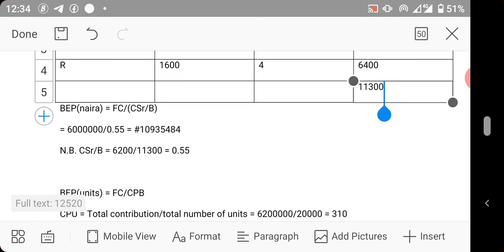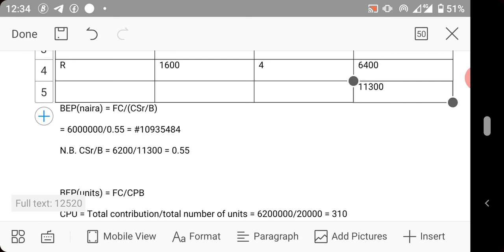So we now compute our break-even point in naira to be fixed cost divided by contribution sales ratio per batch. Now, before you input these values, you must have them handy. The fixed cost is handy because we already made use of it.